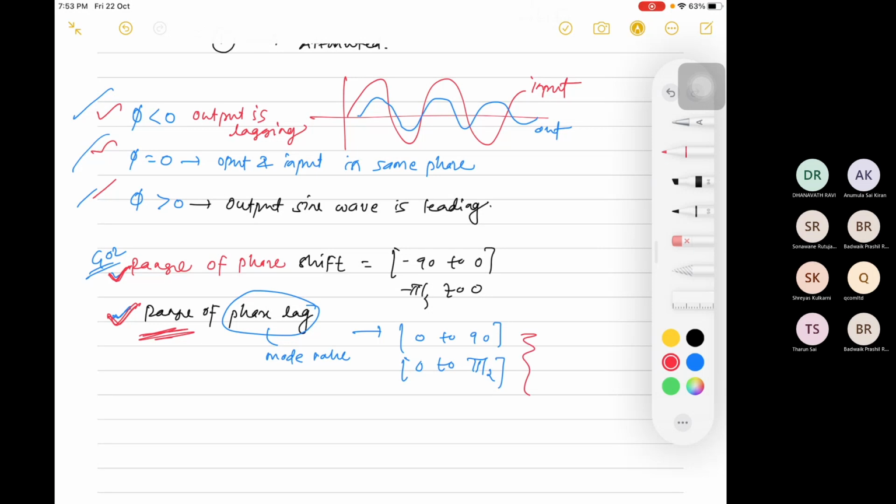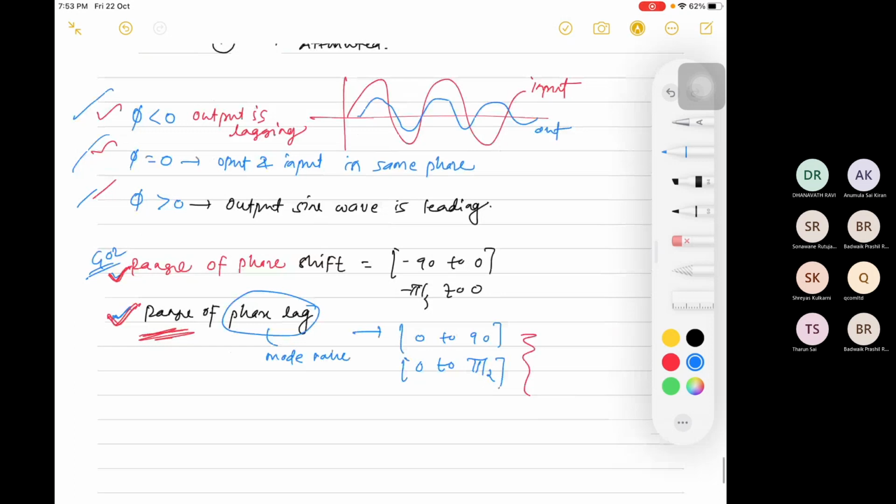Is there anyone who would like to add anything? Okay, should I move? Take screenshot. Did everyone understand? Correct. So we are done up to here. What's remaining then?